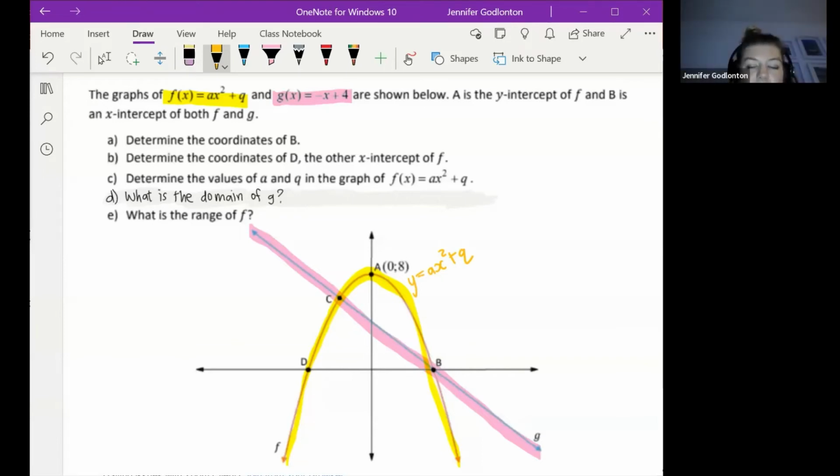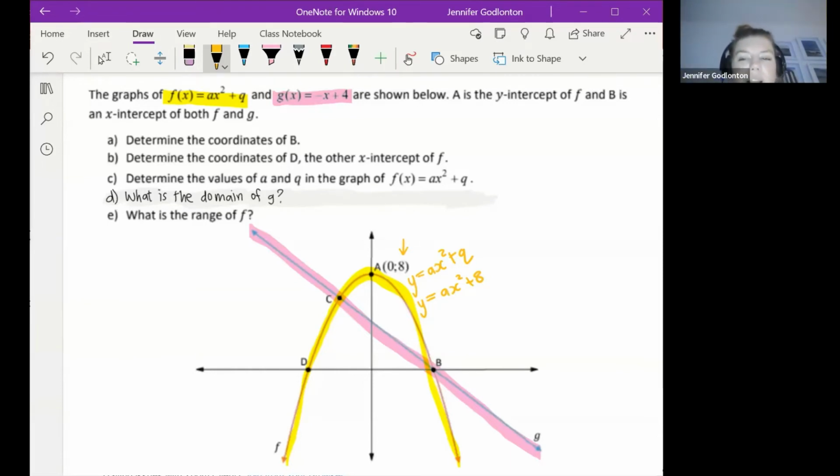What could I write to help myself if I was in a test situation? Beautiful, Portia. Q is 8. Exactly. So if I was writing this in a test situation, I could say, well, actually, I already know that Q is 8. And I know that it's 8 because of that value over there. Okay. So now already, I'm not stressed. I can see that that's what that's going to be.